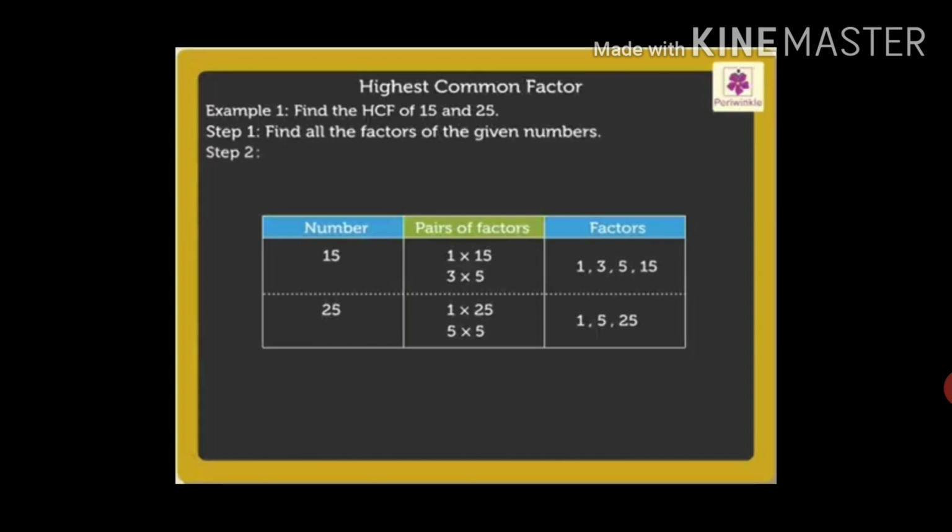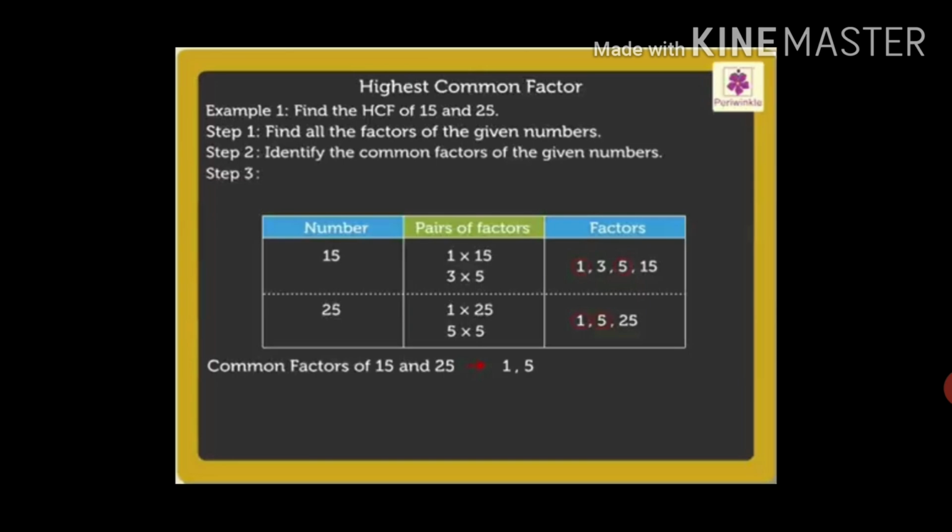Step 2. Identify the common factors of the given numbers. Here, the common factors of numbers 15 and 25 are 1 and 5. Step 3. The largest of the common factors is the HCF of the given numbers.